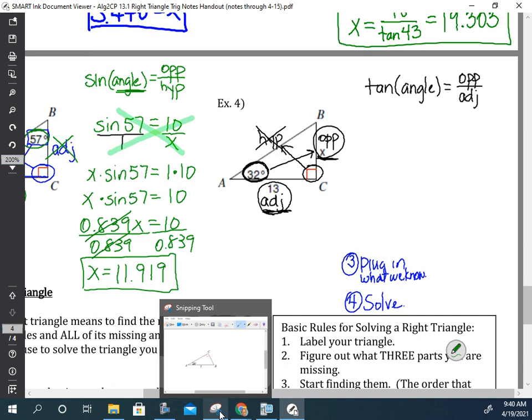Let's fill in what we know. The angle that they gave you is 32. So tan 32 equals opposite is x, adjacent is 13. So we plugged in what we know.